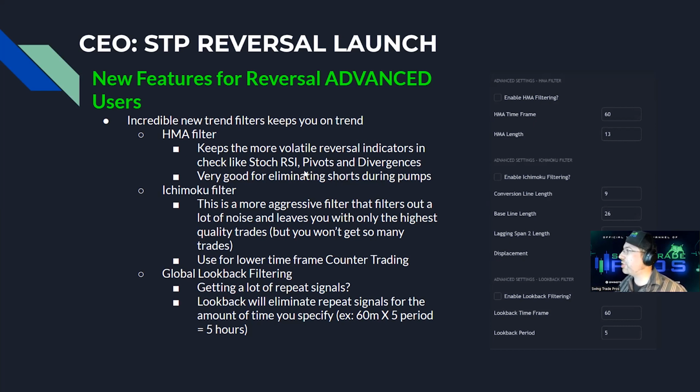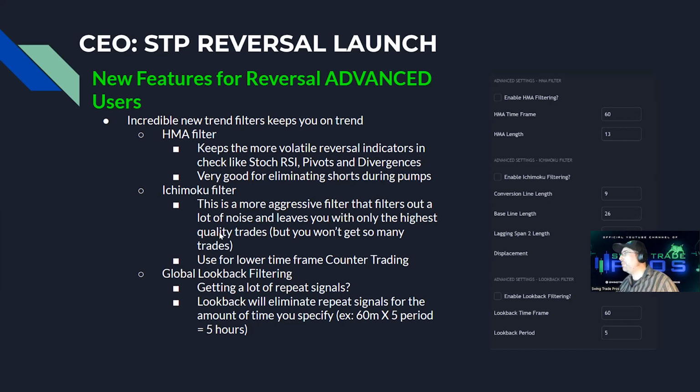This is going to clean your chart right up. I think this is really essential for Stoke RS pivots and divergences. And yeah, like I said, eliminating shorts during pumps. You don't want to ruin your trading opportunity with early shorts. HMA filter is going to fix that.